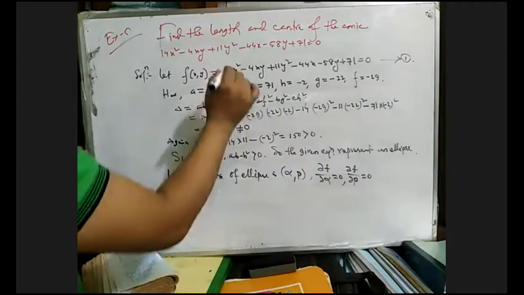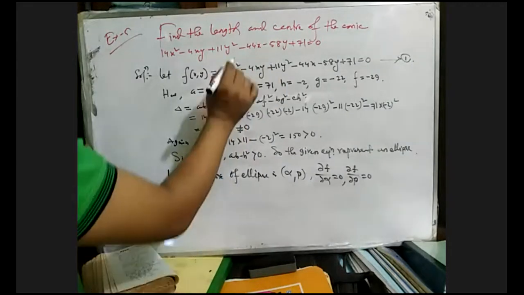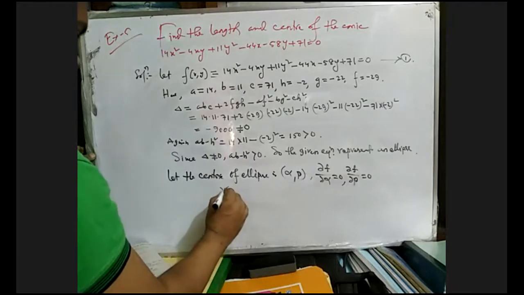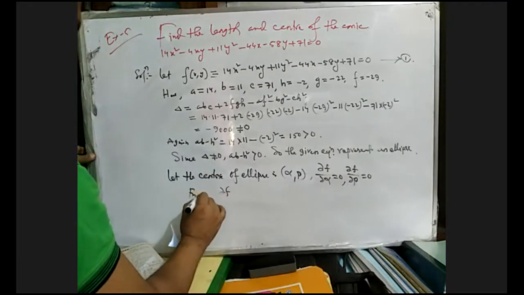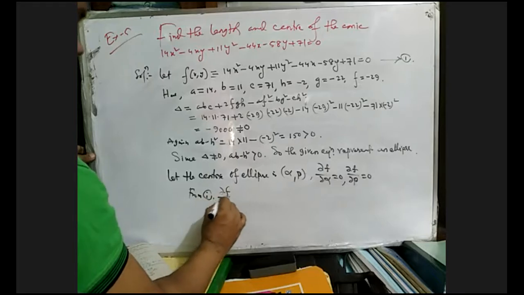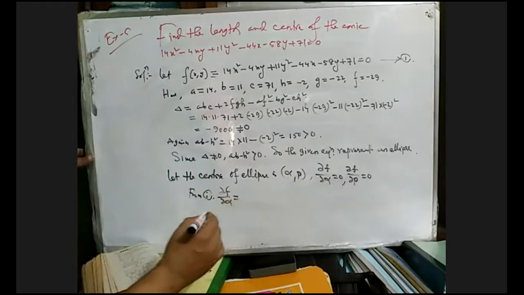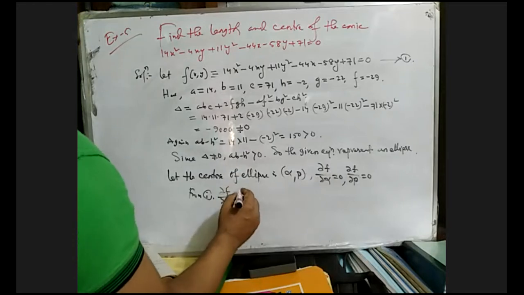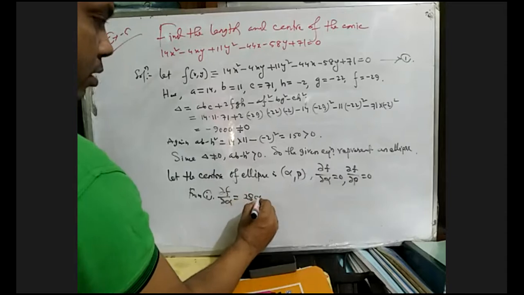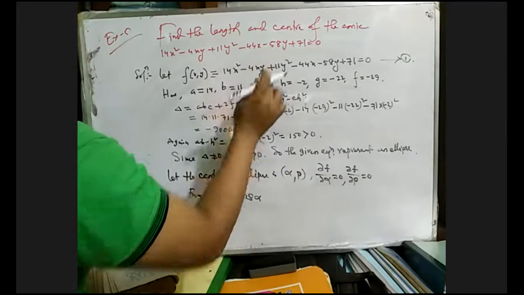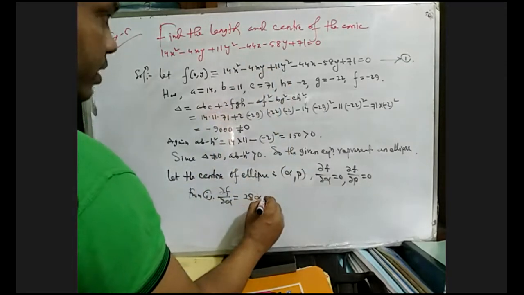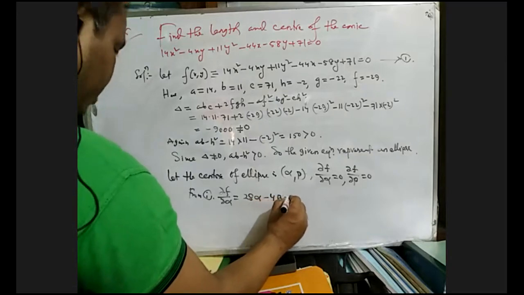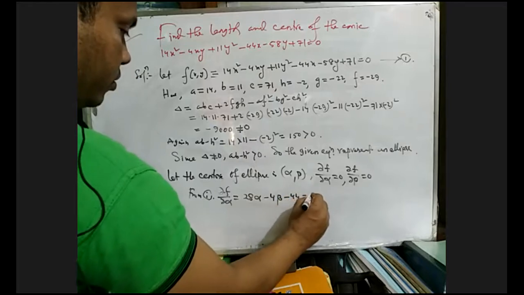So by partial differentiation with respect to alpha at the center alpha beta, from equation 1, del f del alpha equals to what will be? 28 alpha minus 4 beta minus 44 equals to 0.